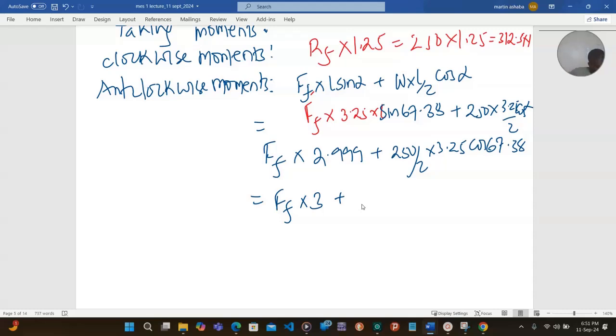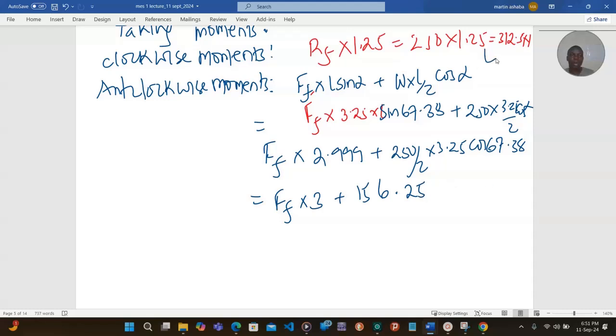we have 250 divided by 2, so I have 125 times 3.25 times cosine of 67.38. So this is 156.25.